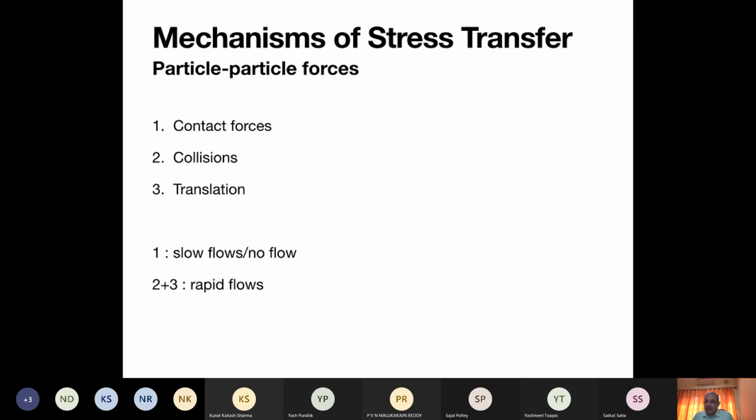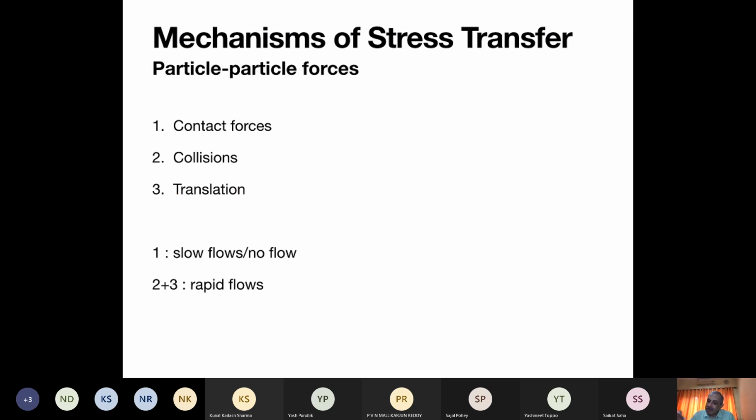Now, as the particles move, the things that we have to take into account are, of course, the particle forces, and we have seen those. You'll have contact forces, there may be collisions, and if we are talking about momentum transfer, we also have to take into account translation.